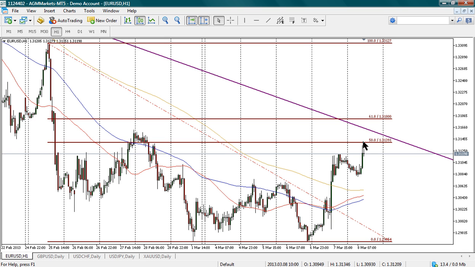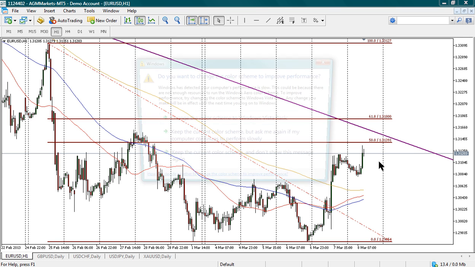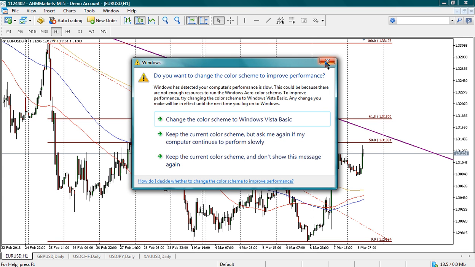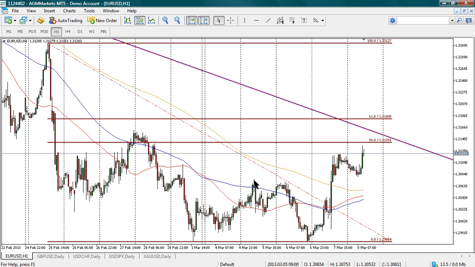The 50% stands at 1.3139, so we can say 1.3140s there. And we're just shy of that at the moment, but if we do come up, then keep an eye on that, because I wouldn't be surprised to see sellers coming in at that level, because that's a key level, the 50%.